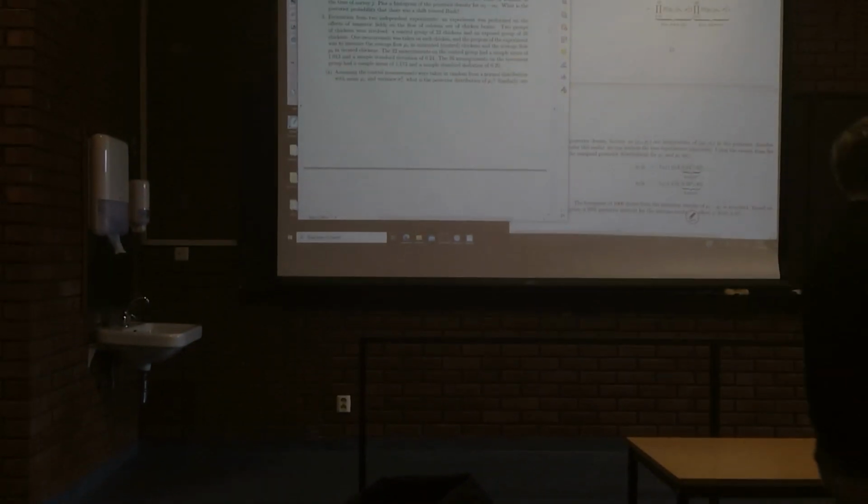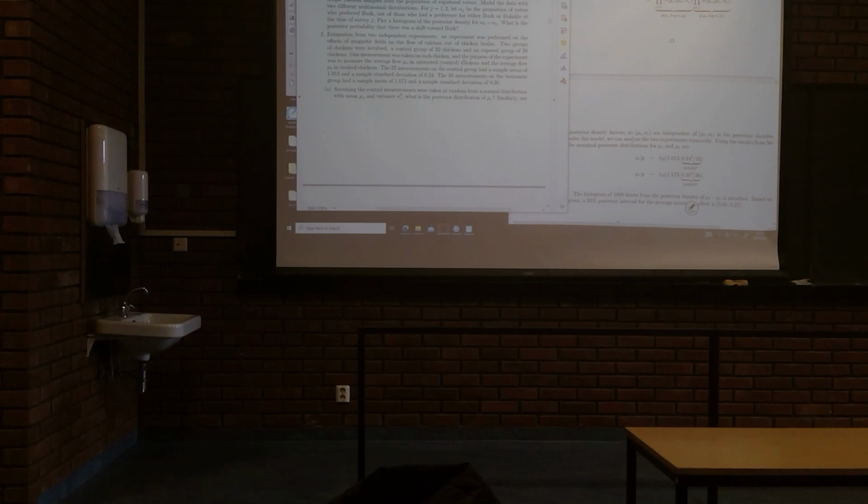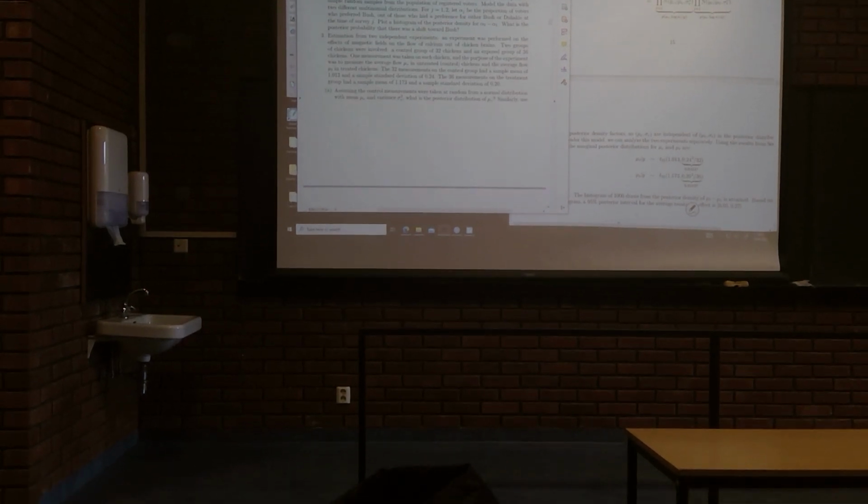Exercises, and we'll perhaps manage them for today, but I'll try to go through at least some of them. So, first of all, exercise 3 from chapter 3, and this is both an example of a classical setting within statistics where you have two groups that you want to compare.